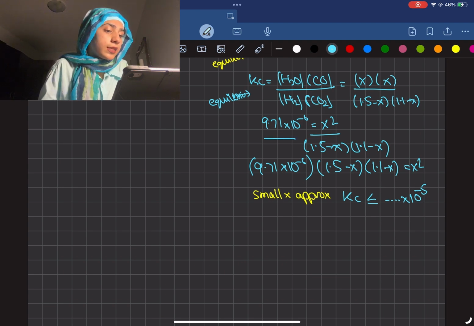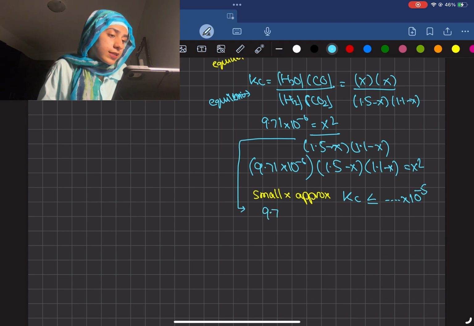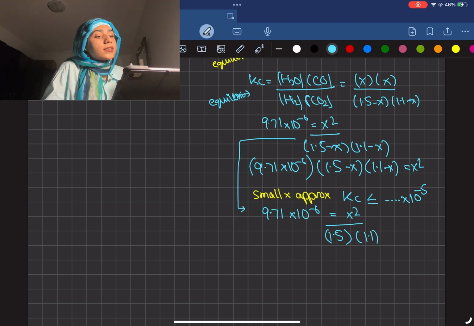So I'll start with this step right here that I did. I'll say 9.71 times 10 raised to the power negative 6 equals x squared over, and the x's I have over here, I'll just ditch them, because whatever value I'm going to get for x is going to be so small that when I subtract it from 1.5, it's not going to make a big difference.